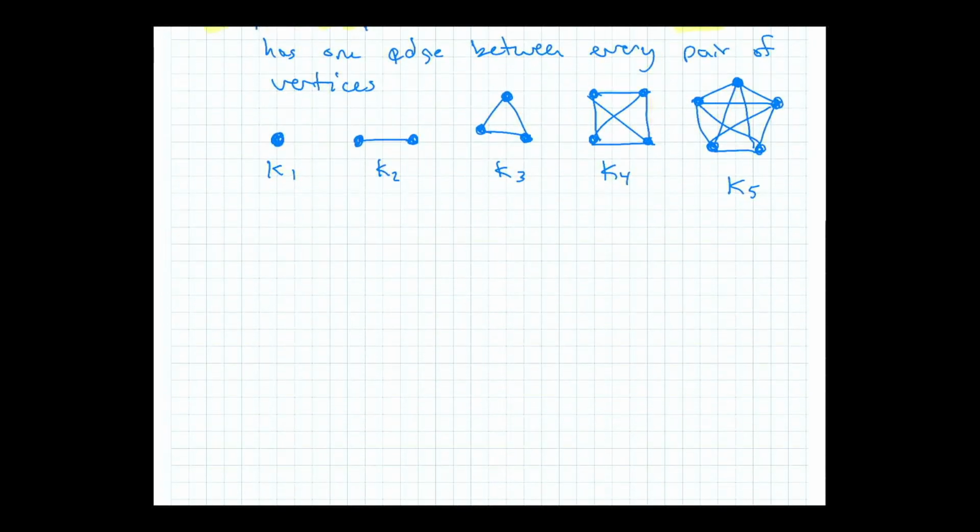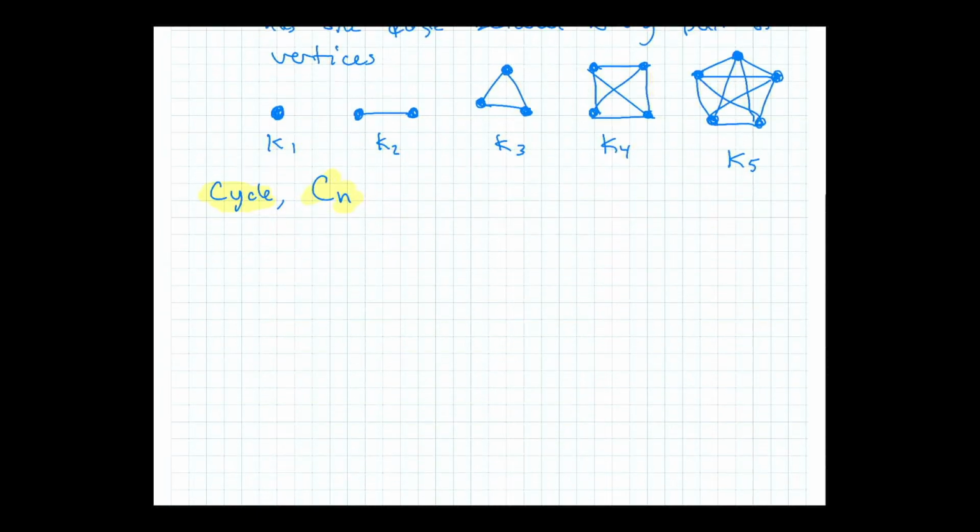Okay, well, that's one of them. We can do another one. So the cycle, which we call Cn. This is going to be with n greater than 3 vertices.